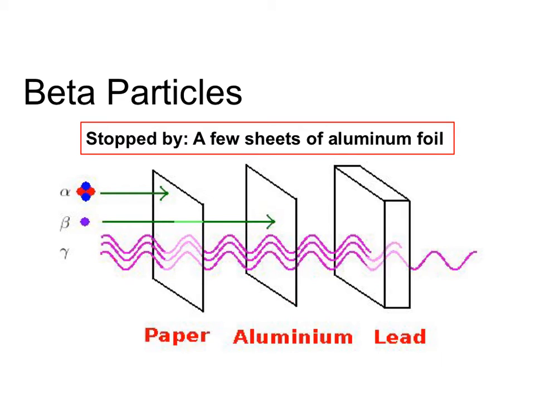However, the beta particles are now going to be stopped by the aluminum foil. So here we have our aluminum foil, here we have our paper or skin. So alpha particles stopped first because they're largest. Beta particles are going to be moving faster, so they go through the paper or the skin, but they are going to be stopped by aluminum foil.